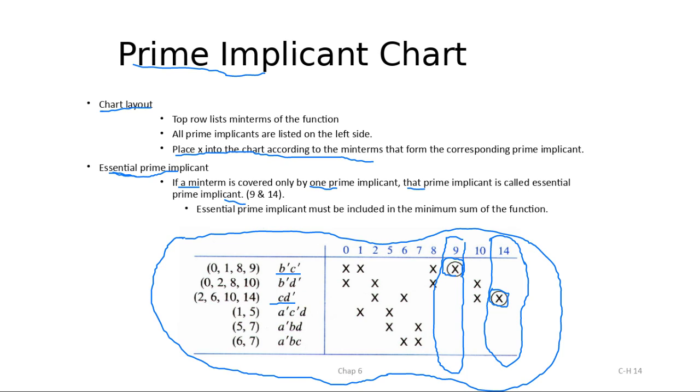The result has to use all of this row: 0, 1, 2, 5, 6, 7, 8, 9, 10, and 14. The result has to include all of them. There mustn't be any missing part.